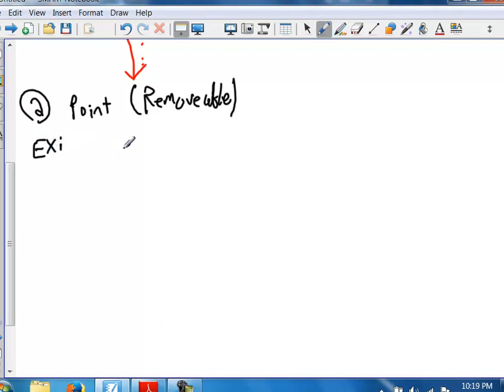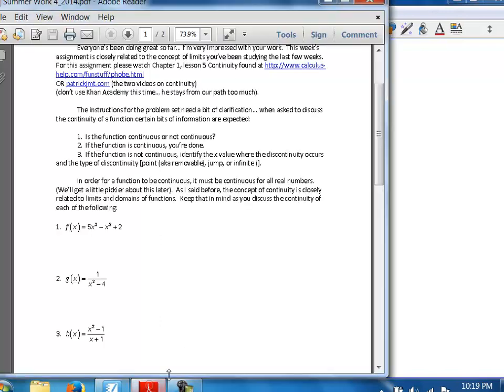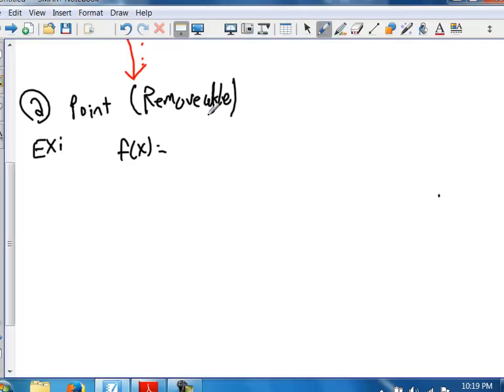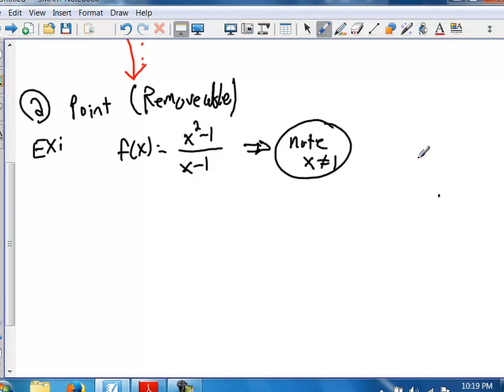Let's say I gave you f of x equals, let me try to pick something similar to what I gave you. Okay, here's a pretty good one: x squared minus 1 on top, and x minus 1 in the bottom. So if we look at this, what can x not equal? 1, right? So you know that x can't equal 1.